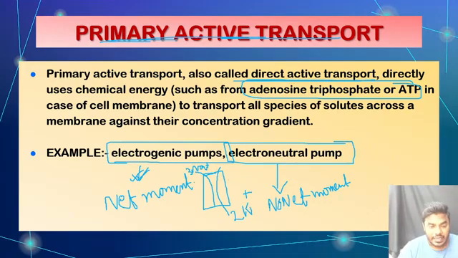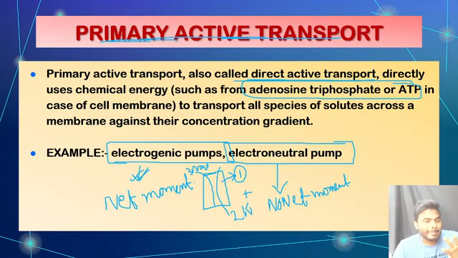So friends, then there will be a net movement of 1 positive charge. Of course, true. 3 sodium are going out, so 3 positive charges are going out. And only two positive charges are entering inside, which means there will be a net movement of one positive charge.